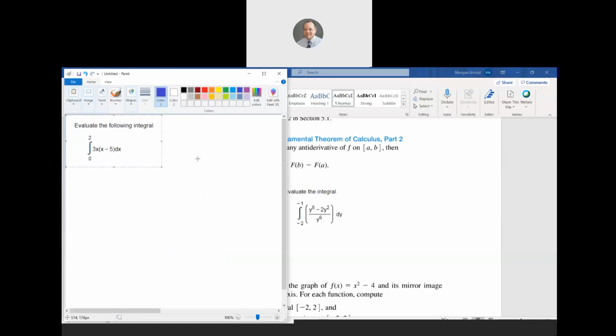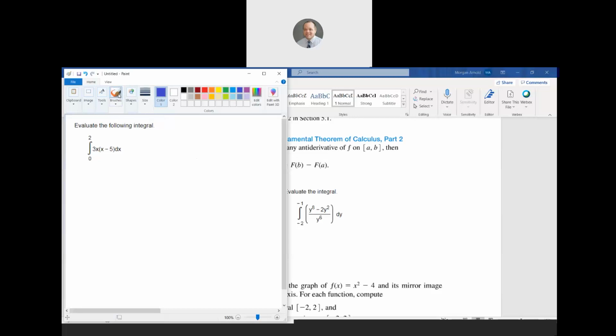Okay, evaluate the following integral. Before we integrate or even evaluate, we can distribute that 3x times x minus 5.